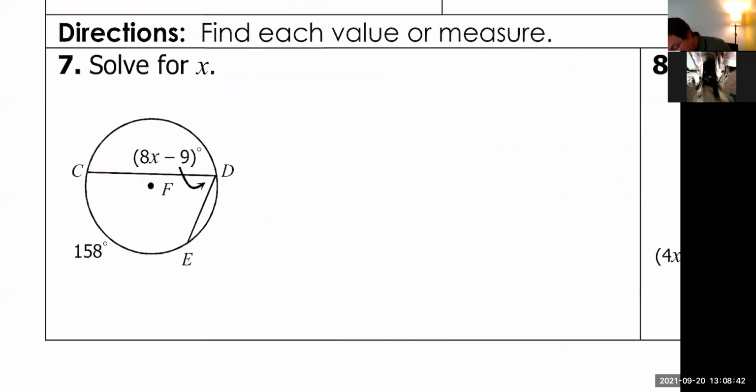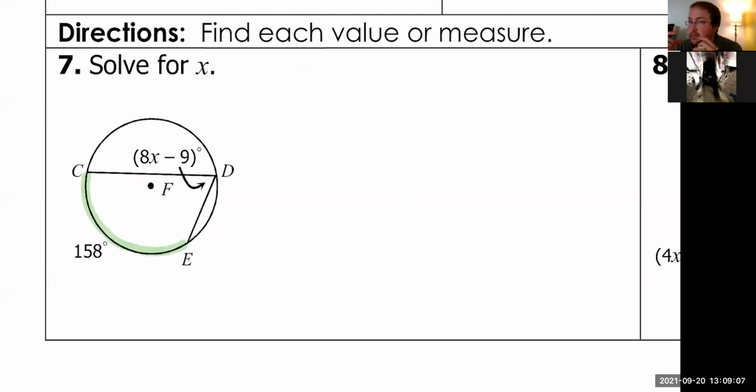I'm noticing that x is part of an expression that is describing an inscribed angle. And with respect to that inscribed angle, I thankfully have the measure of the arc that it intercepts. Would it be 8x minus 9 plus 158 equals 360? Not quite.